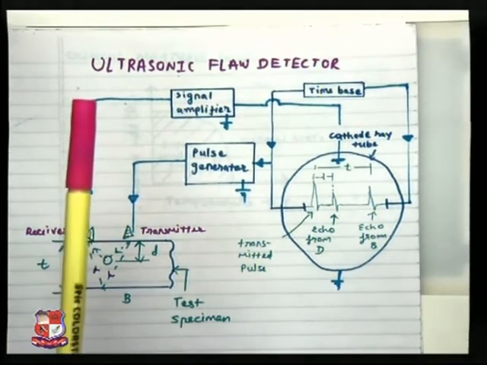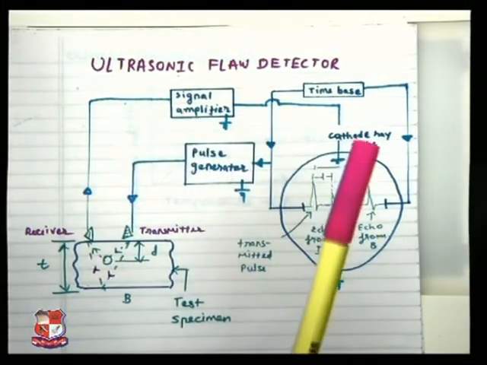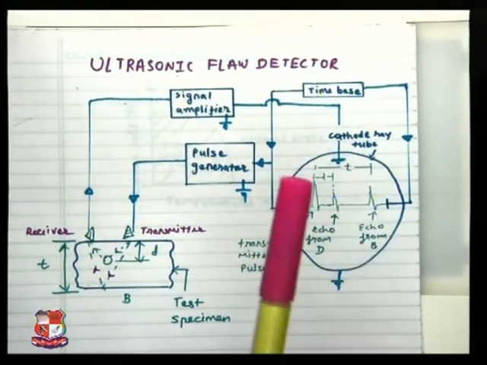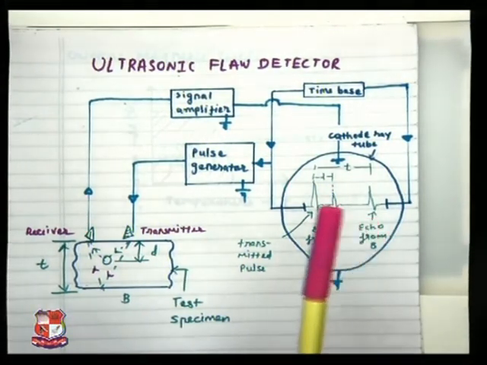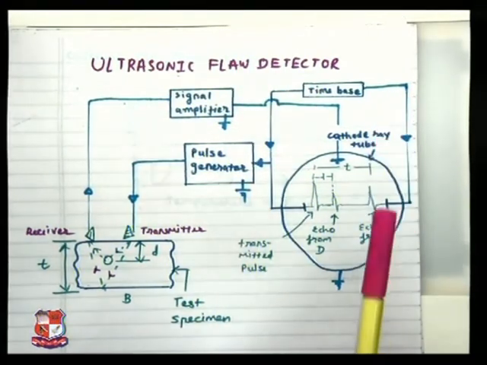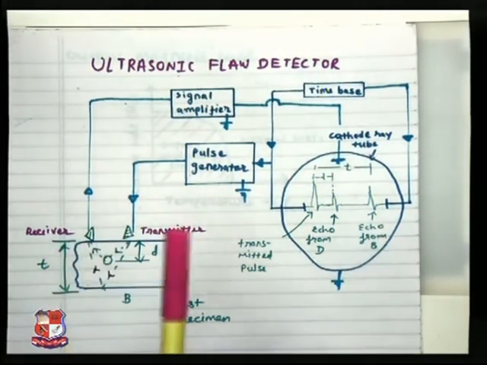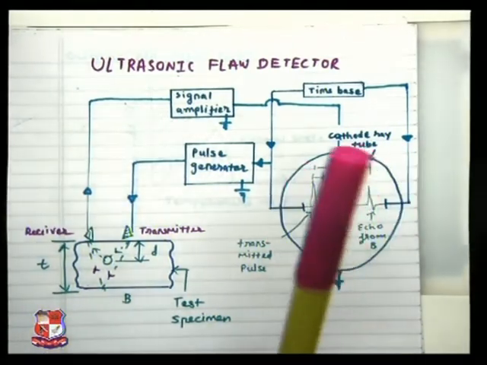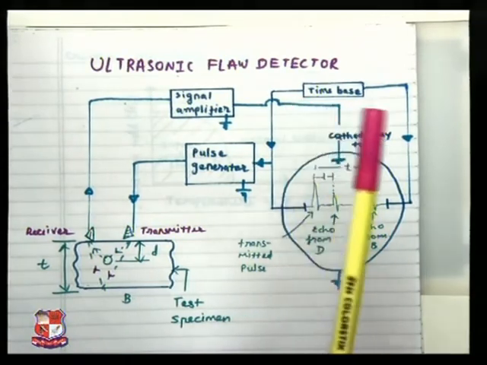This electrical signal is sent to the amplifier, through which it is fed to the CRO, that is CRT, cathode ray tube. With this CRT, a time-base circuit is joined. That means the time interval between the transmitted pulse and the received pulse is defined with the help of this time-base circuit.